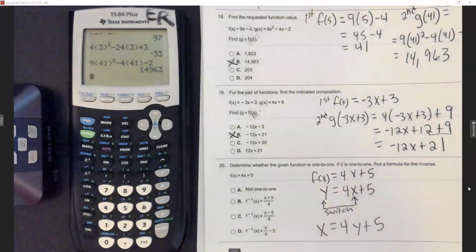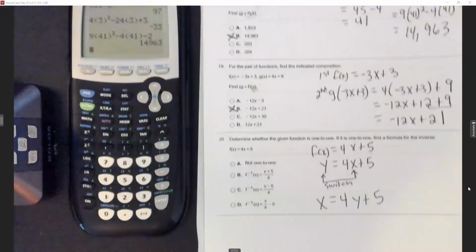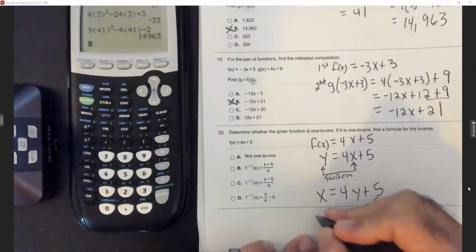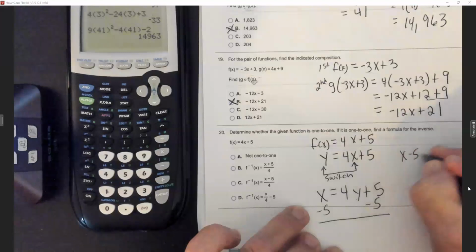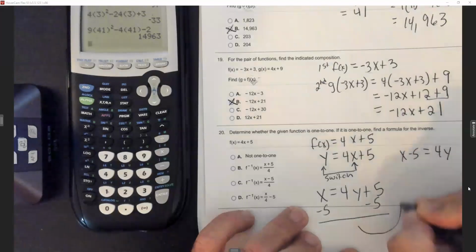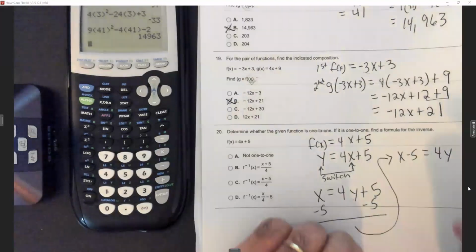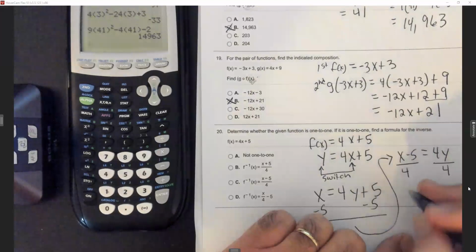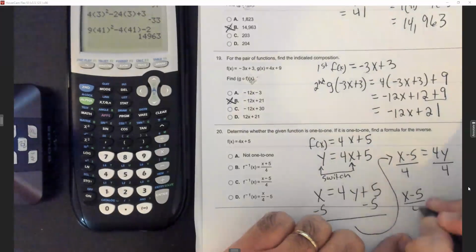And y'all, then it's just a matter of solving that for the y. So the first thing you would do would be to minus the 5. That gives me x minus 5 equals 4y. And then divide everybody by 4. So I get x minus 5 over 4 equals y.